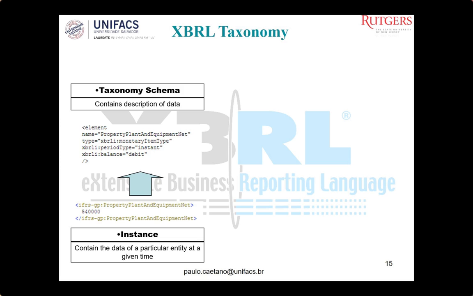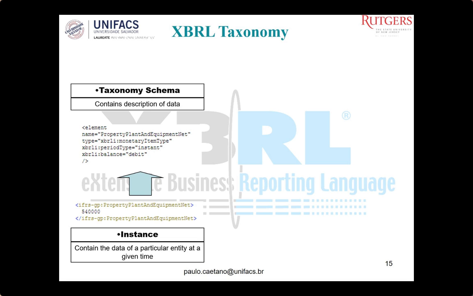This element is created in the taxonomy schema. The taxonomy schema contains the description of data. Here is the creation. I said before that XBRL is based on the schema because here we use concepts defined by the XML schema specification.